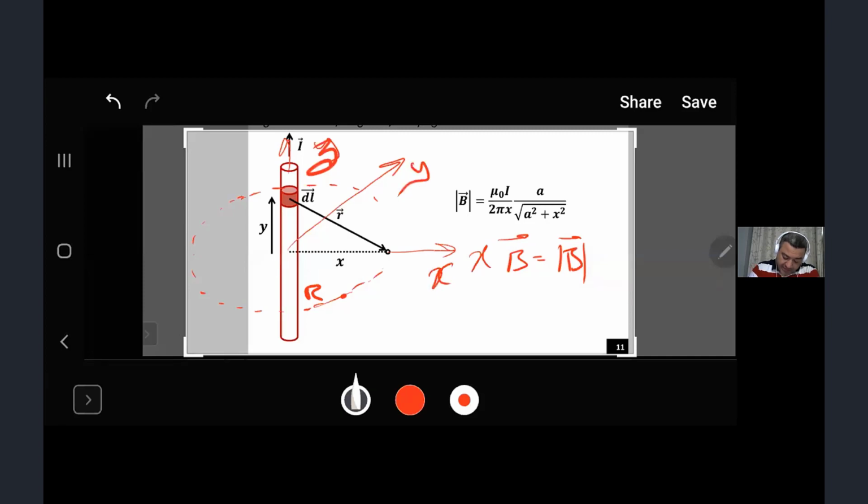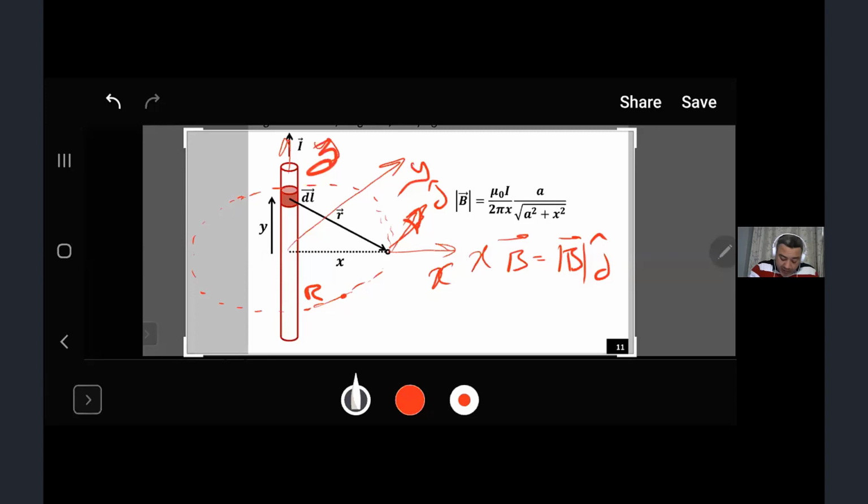This is x, this is y. In this case, the normal unit vector here will be in this direction, which is basically normal to the x and z plane and parallel to y. So this one is going to be j hat.